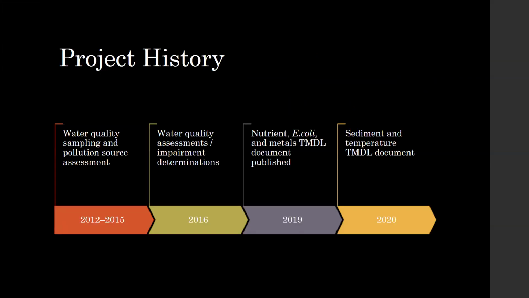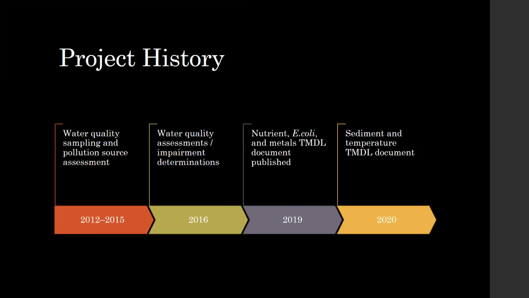Okay, a project history timeline that follows the water quality planning process that I talked about. From 2012 to 2015, we conducted the water quality monitoring for this project. And in that process, we looked at sources of pollutant loading and quantified loading from those sources.